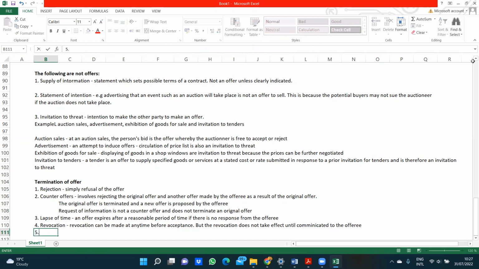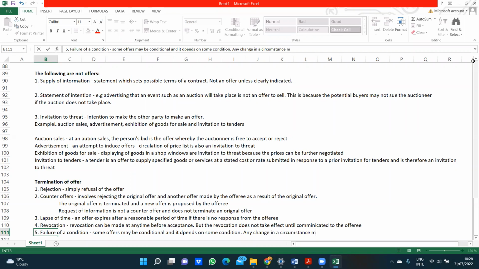And failure of a condition. Some offers may be conditional and depend on some condition, or any change in circumstance may make the offer not capable of acceptance.